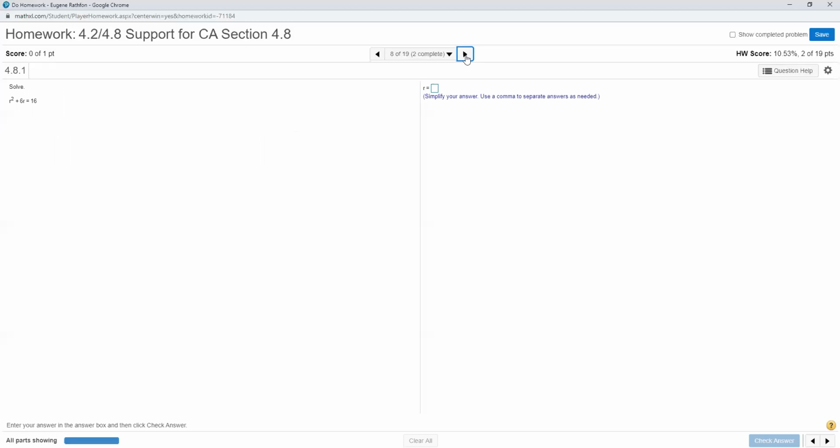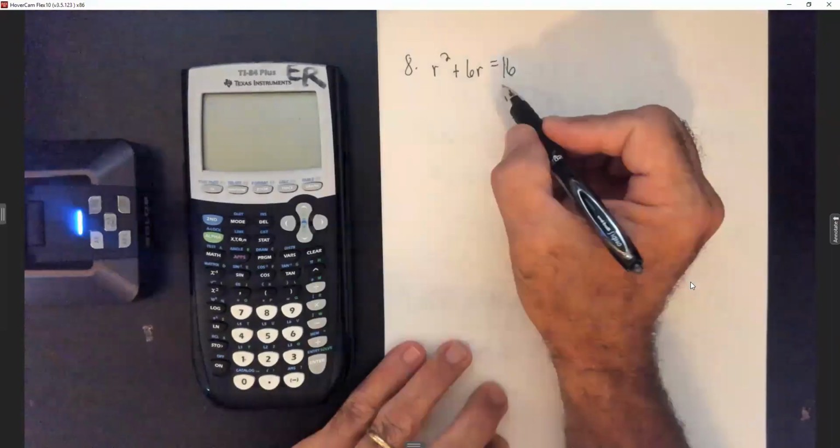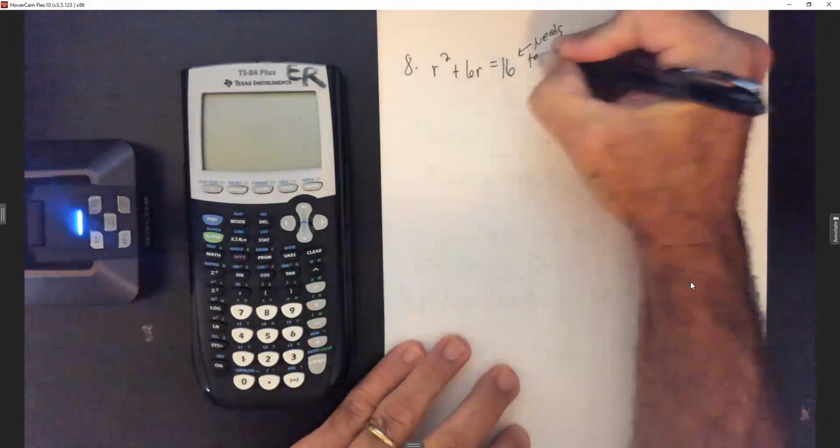All right, this one is number 8, r squared plus 6r equals 16. All right, so I'll actually work that out. So the first thing, like what I just said, where that 16 is, that needs to be 0.